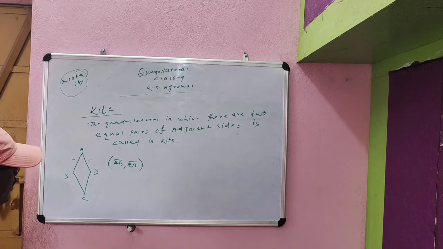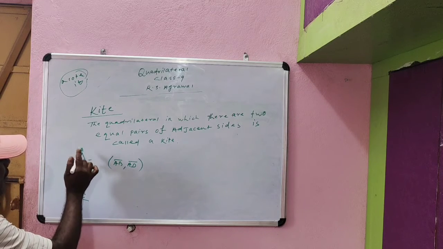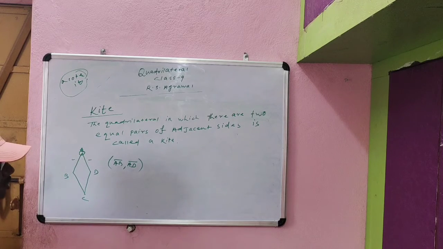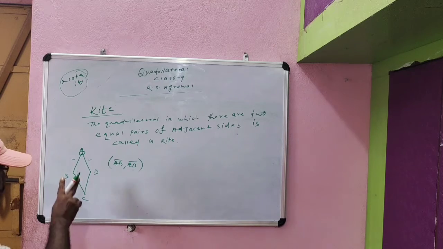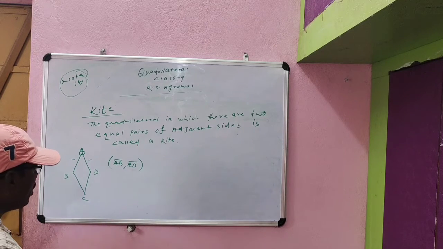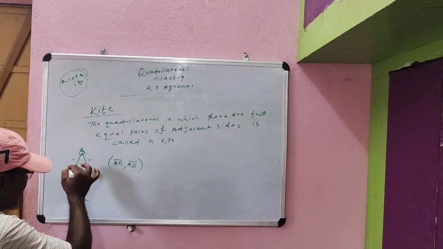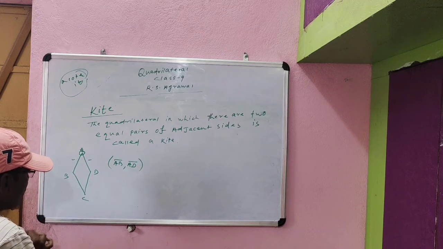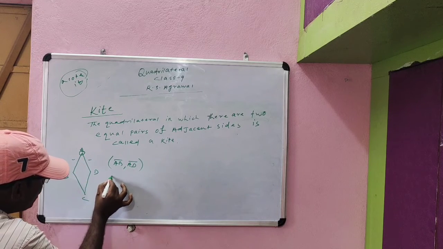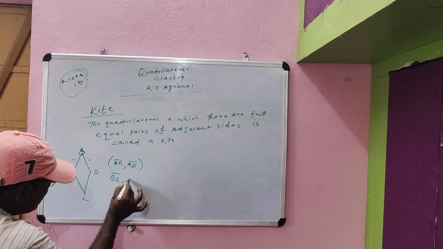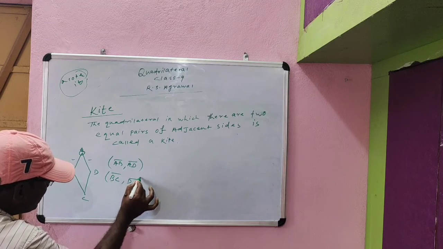Because these two sides have a common endpoint. So AB and AD is this pair of adjacent sides, and BC and DC is this pair of adjacent sides.